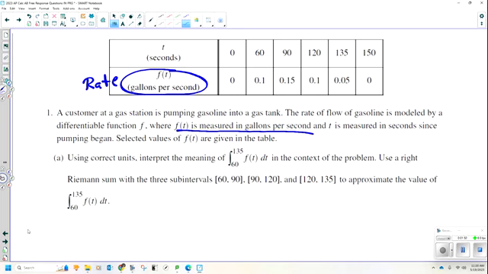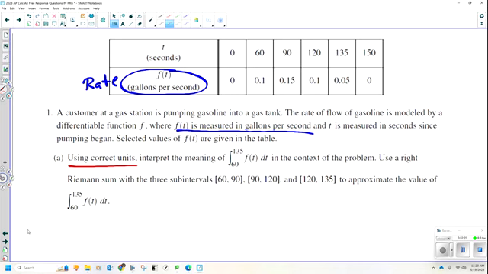1A says, using correct units. This means I better label it and label it right. I never have to put a label down unless they state that. Using correct units, interpret the meaning of the integral of f of t dt from 60 to 135 in the context of the problem. Don't just say that an integral is area under the curve. Integral is the sum of these numbers.